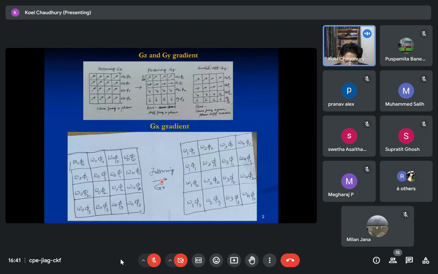Columns, because this gradient is going like this. Earlier it was coming like this, so it was creating rows. Here it is going like this, so it is creating columns, with the fastest precession here, third fastest here, second fastest, and least here.